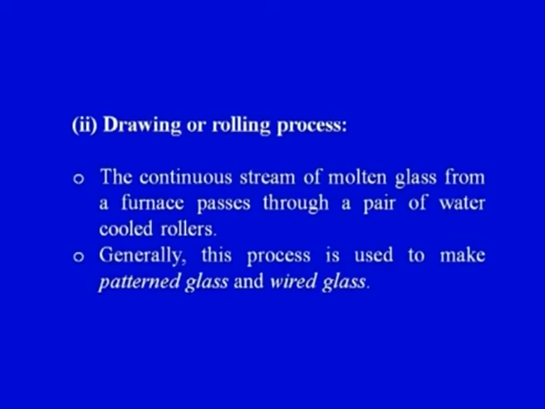Sometimes we may have wired glass for specific applications or fire retardancy. So we can have patterned glass in which we have a specific pattern on the glass, or the wired glass, and the process that is used for making the patterned glass and the wired glass is the drawing or the rolling process.